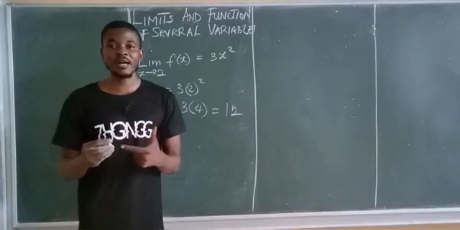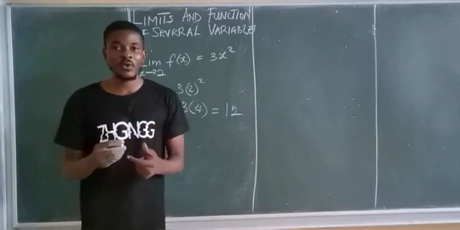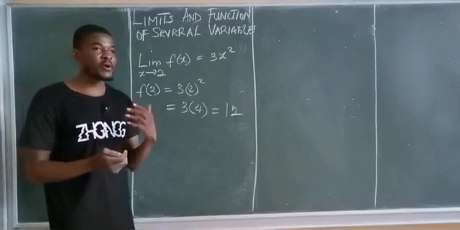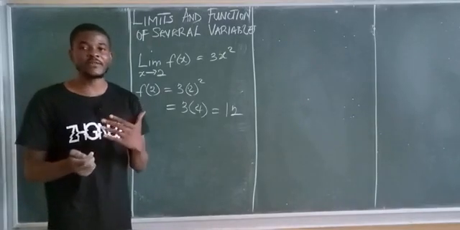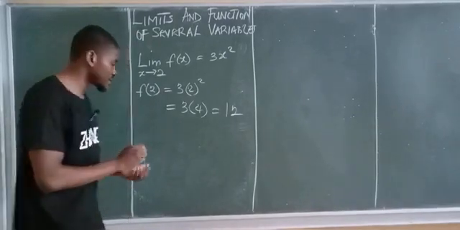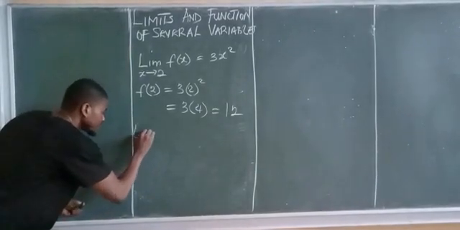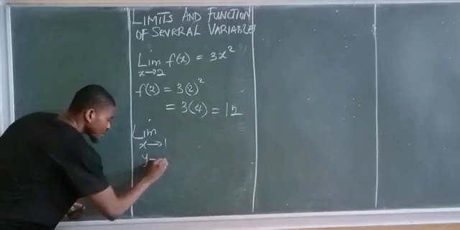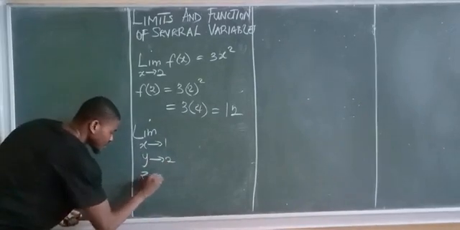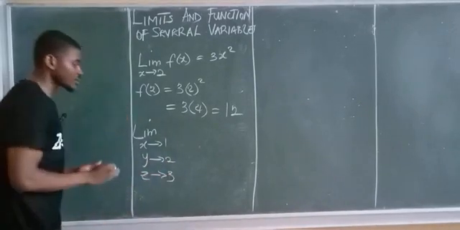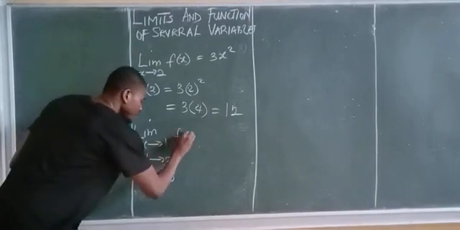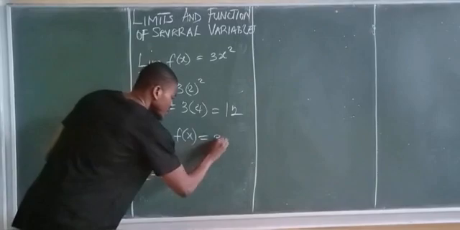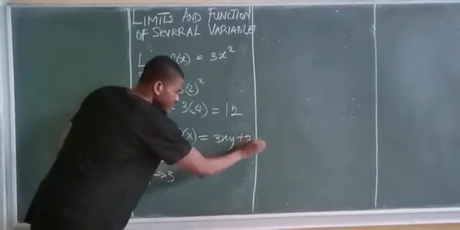Now, talking about limits and functions of several variables, we are going to encounter this same situation, but now the point is being approached from different variables. For instance, let's say I have the limit as x tends to 1, y tends to 2, z tends to 3 of the function f of x, y, z equals 3xy plus z.